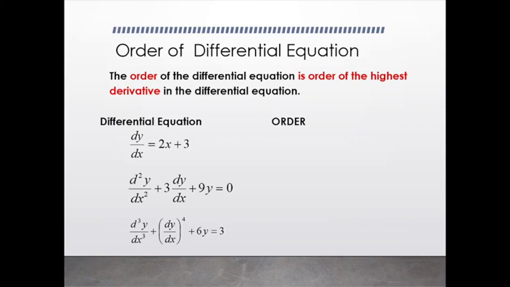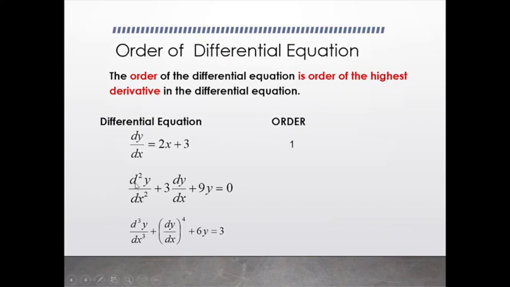So the highest order of the derivative will define the order of the differential equation. For example, we have dy over dx is equal to 2x plus 3. The highest derivative is the first derivative. Therefore, its order is 1.